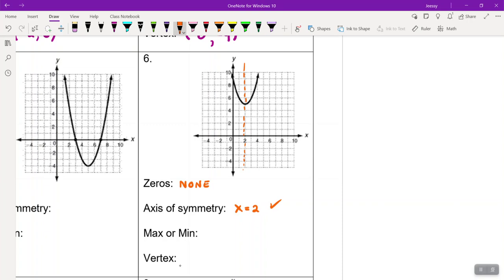Is this a maximum or a minimum? And what is your y value for your minimum? What's the y value at the minimum point? 5. See right here? 5. Clear? And what is your vertex?